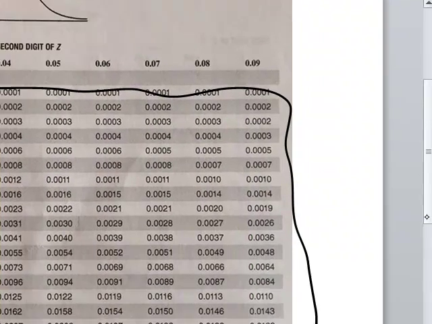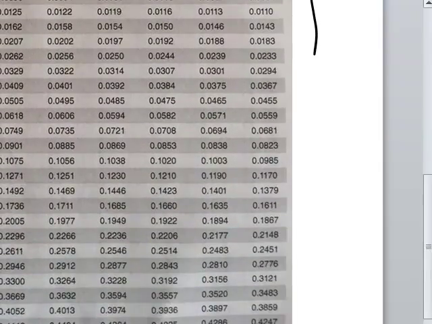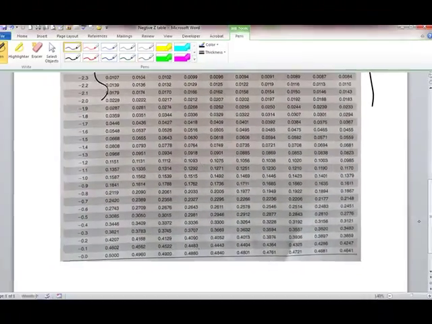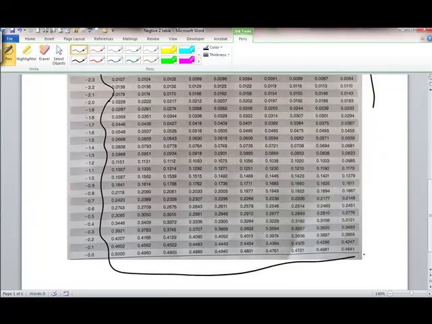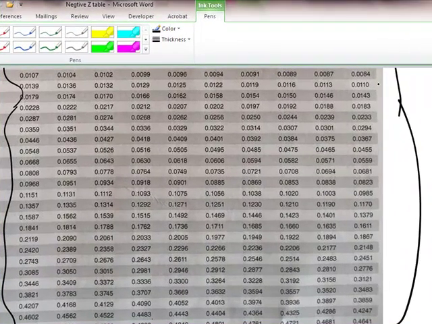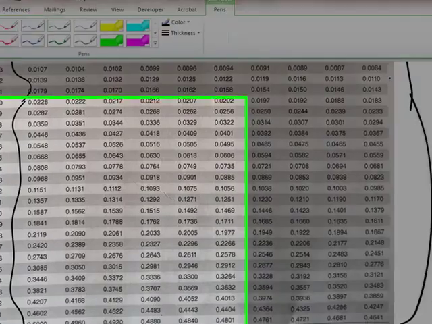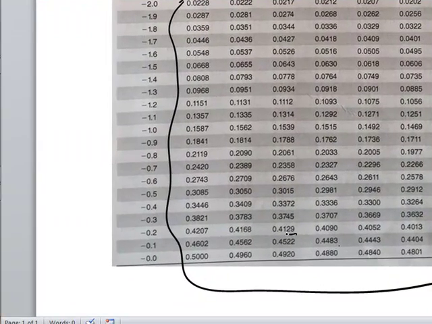I will scroll up and down and scan the entries within this table so that I can find a number that comes as close to 0.45 as possible. The two numbers that do that are listed right here.